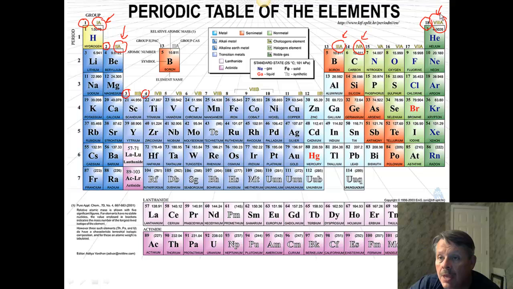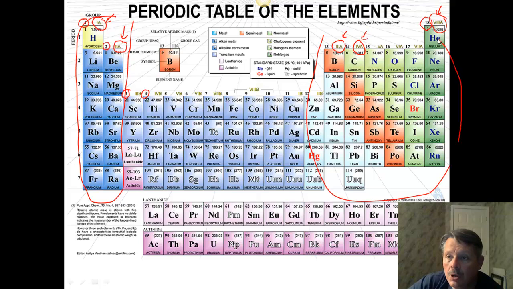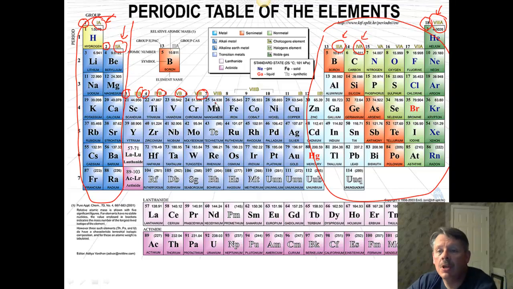So from the CAS system, they only have 8 blocks labeled, and the reason for that is these 2 columns that are over here on the left, and these 6 columns that are over here on the right, we call these the main block elements. And we kind of ignore these guys in the middle. Notice how all these guys in the middle all end in B's. We have a 3B and a 4B and a 5B and a 6B, etc. They all end in B's.